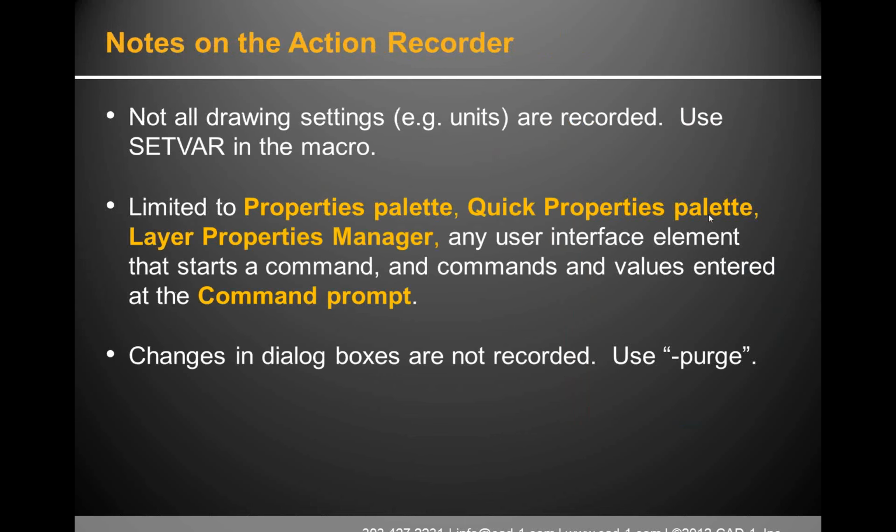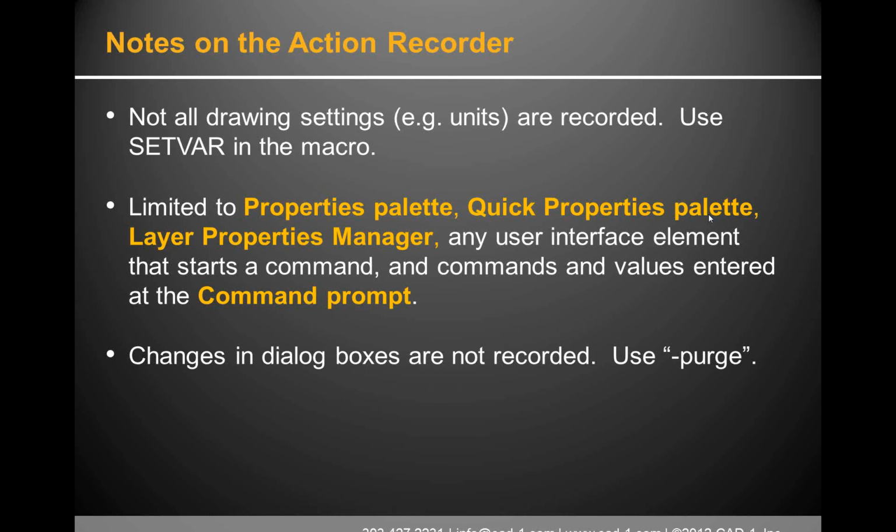So things like maybe your units. If your units are set to architectural while you record the macro, and you try to run this inside of a drawing with decimal units, then it might function just fine. It's just that you might not get the results you want. It'll actually run through. It just doesn't really care about the units.